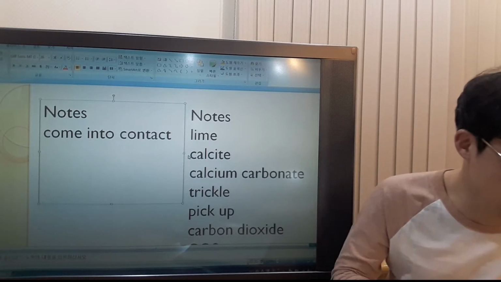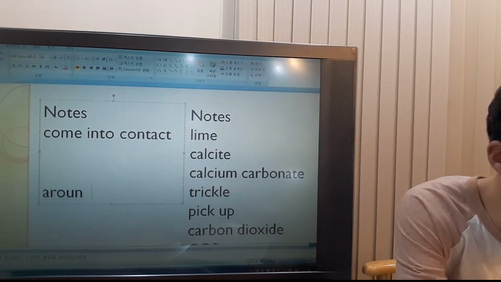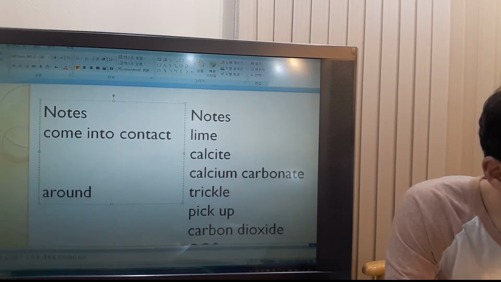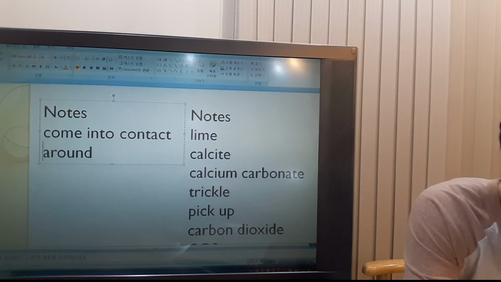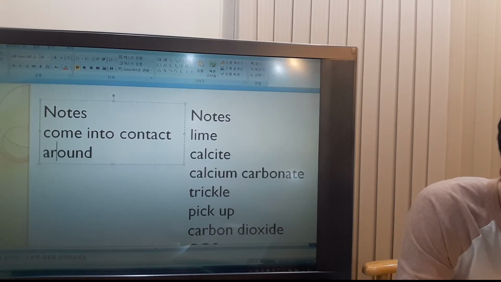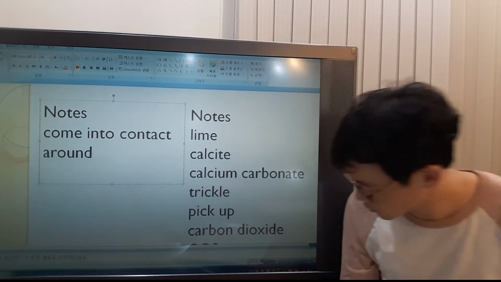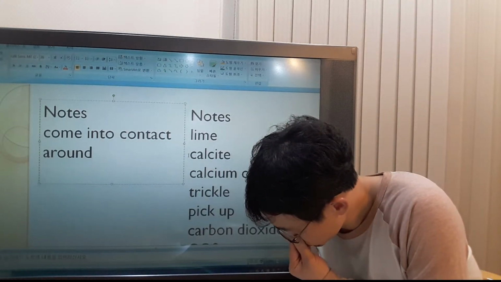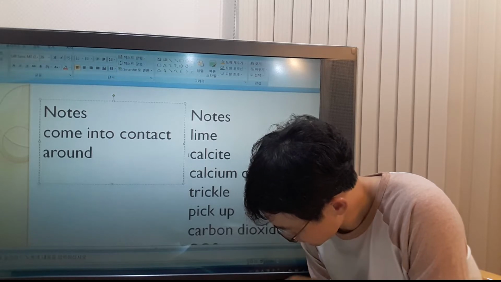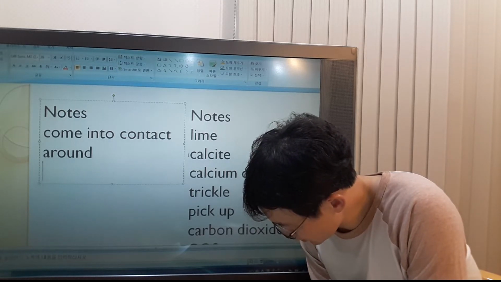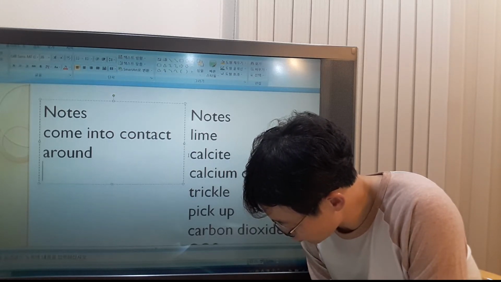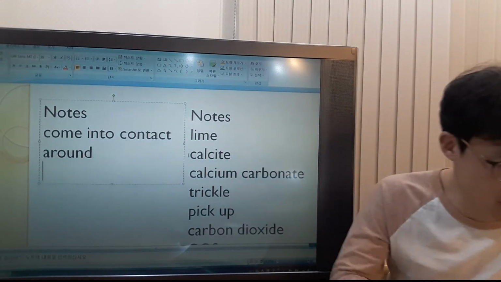What does around mean? Around means surrounding that, all right? As the water drips, the calcite grows in both length and width. As the water drips, what does drip mean?